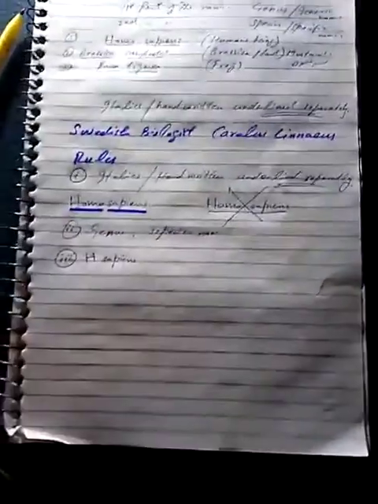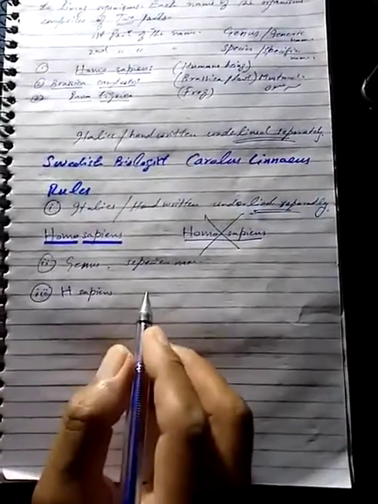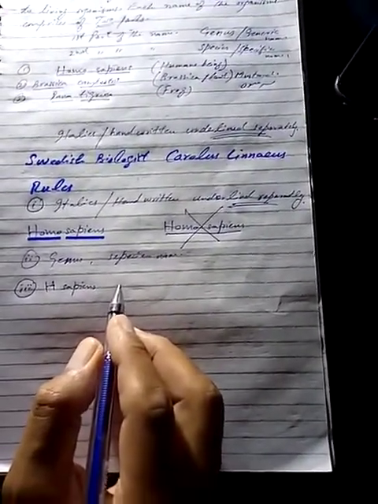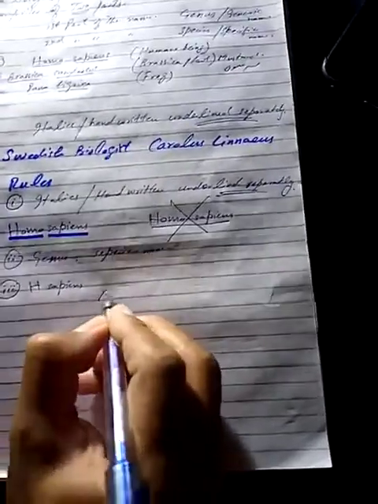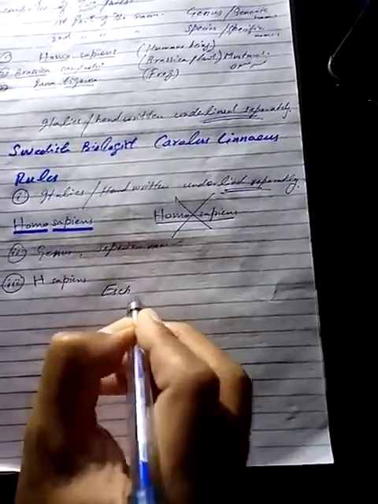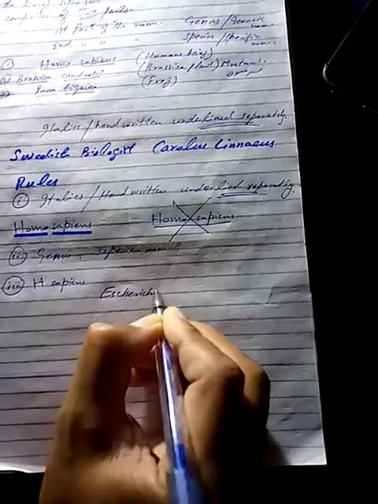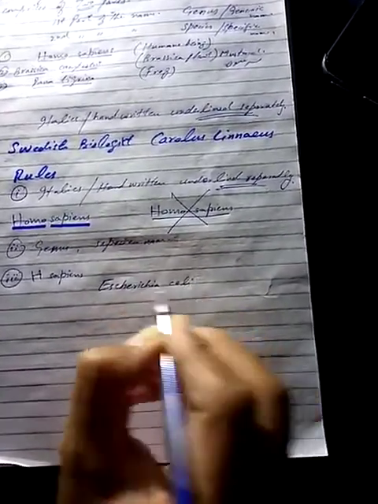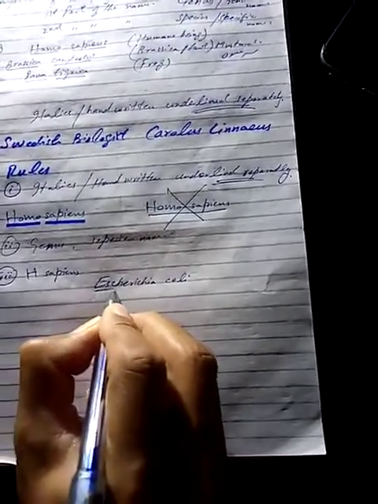For example, I am going to write down the name of a bacterium, that is Escherichia coli. I would underline it separately because it is a scientific name.